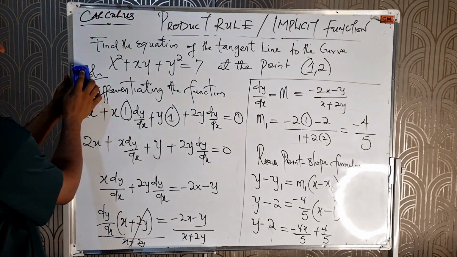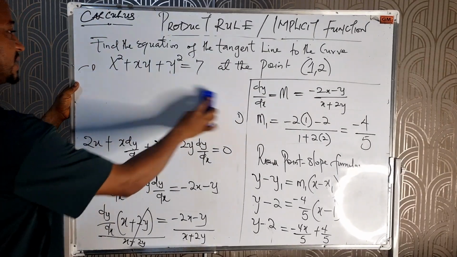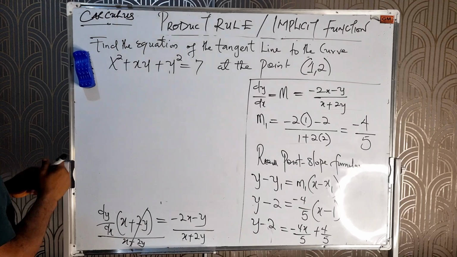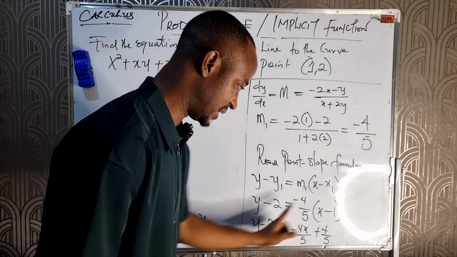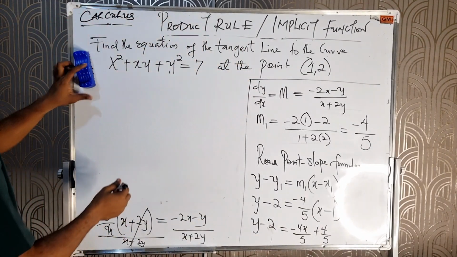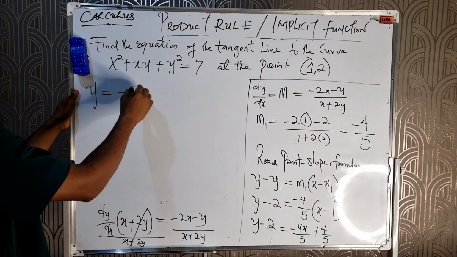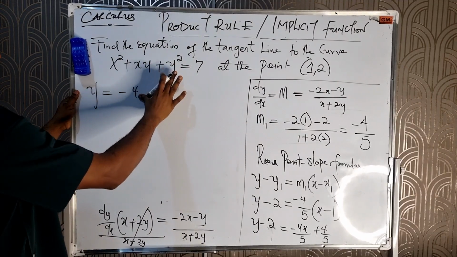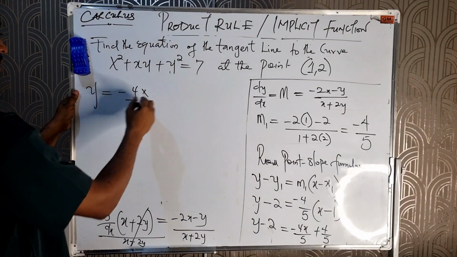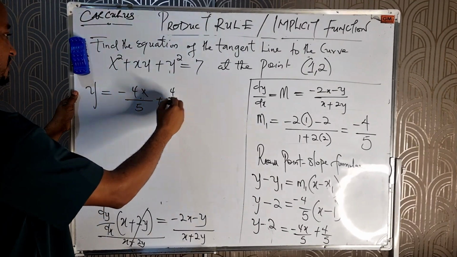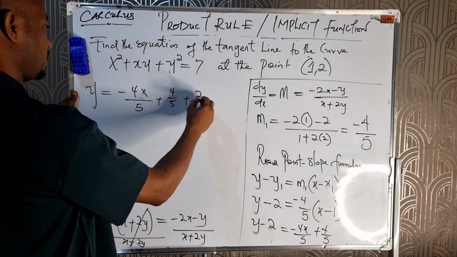Our goal now is to make y the subject of the formula. It means I'll move this to the other side, and that will give us y equals minus 4x over 5 plus 4 over 5 plus 2 over 1.